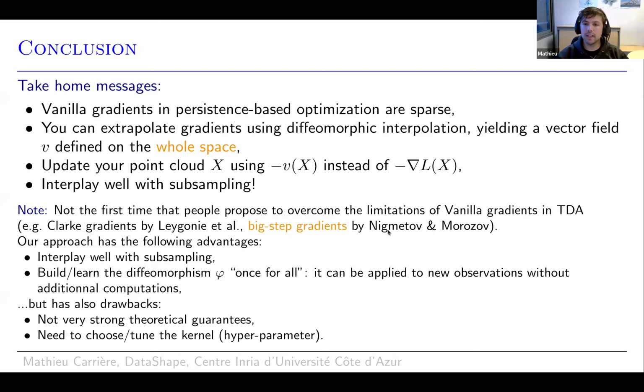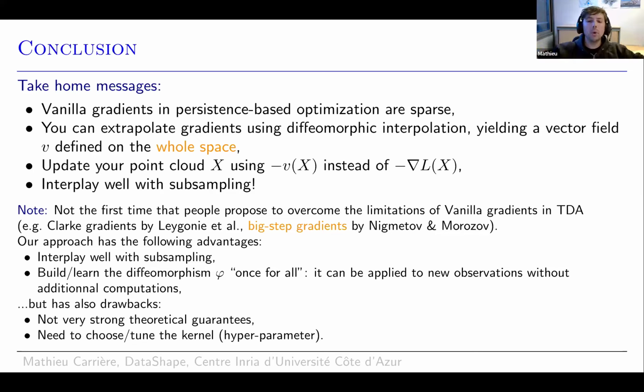Or there is also this nice approach by Dmitry Morozov and Arnur Nigmetov about optimizing with big steps, which means, more or less intuitively, that at a given iteration of your gradient descent process, you have some critical points and critical simplices.